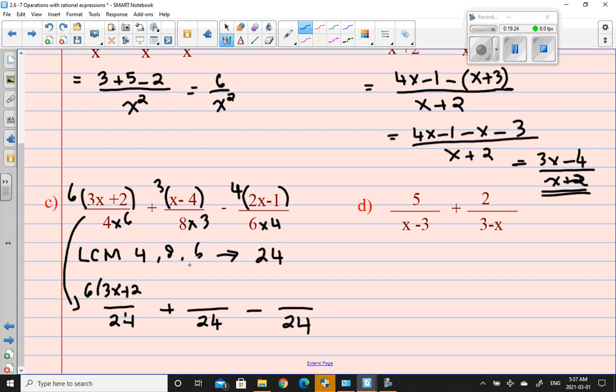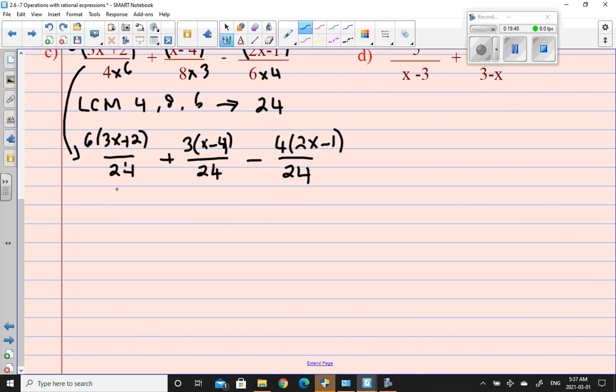And then for the second expression, I have 3 times x minus 4. And for the third one, I have 4 times 2x minus 1.